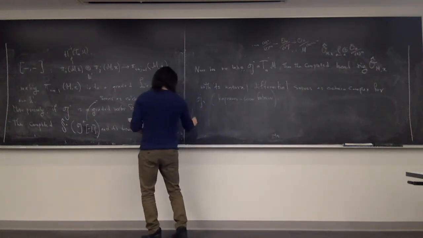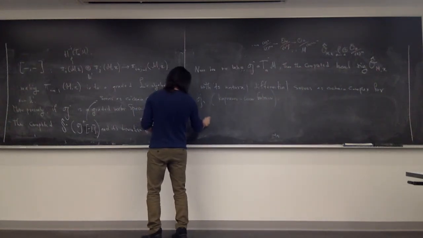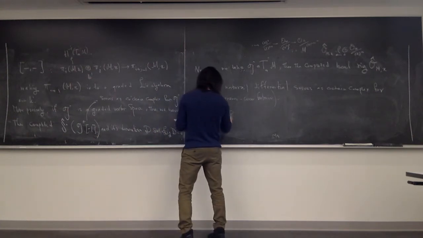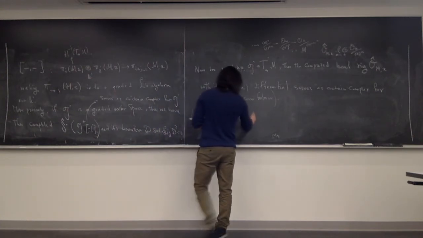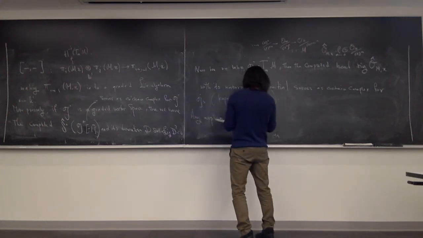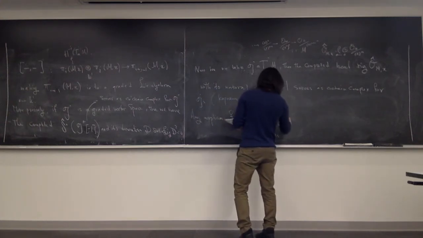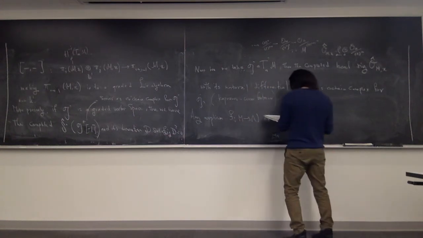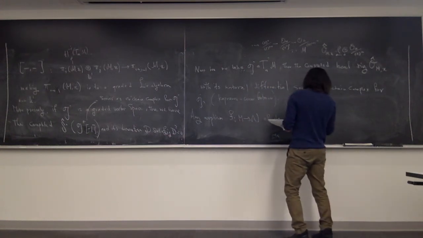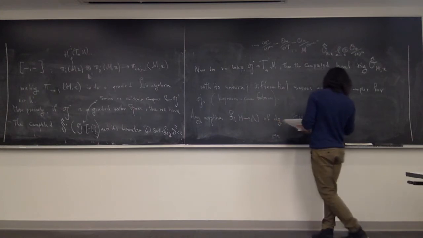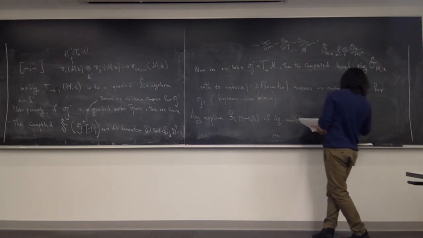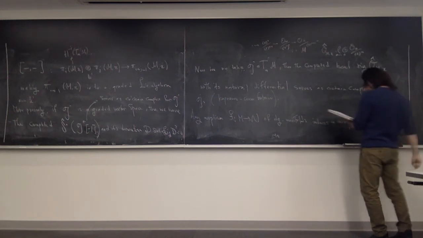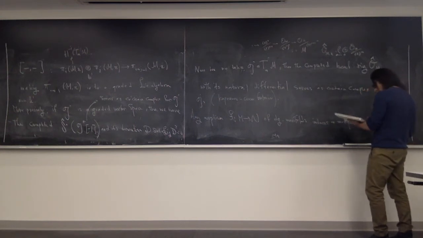Okay, so now any morphism f from M to N of DG manifolds induces a morphism of cotangent coherent DG sheaves.